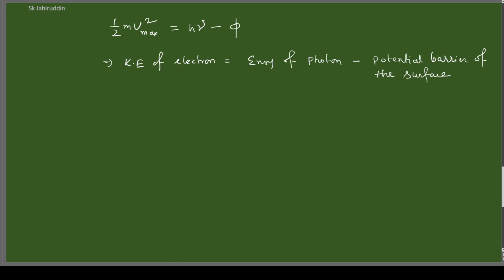We have all read something of the photoelectric effect in our class 11 and 12, class 12 to be precise. So in this course we don't need to go into much more detail on the photoelectric effect. So what conclusion do we draw?